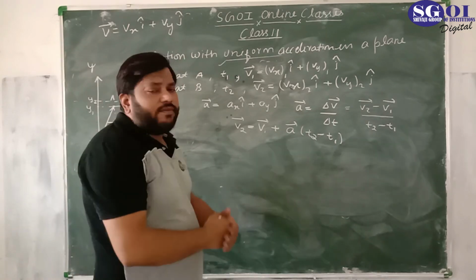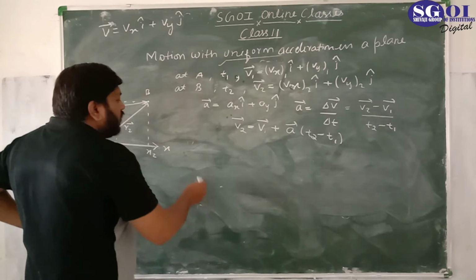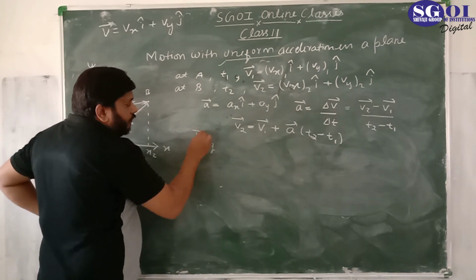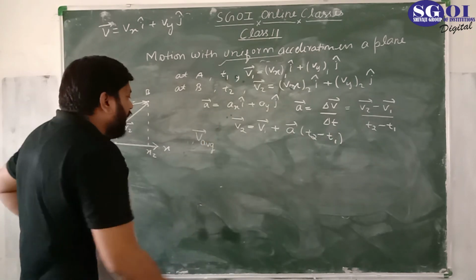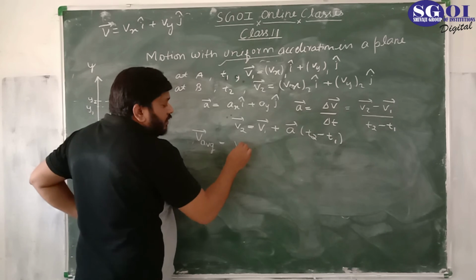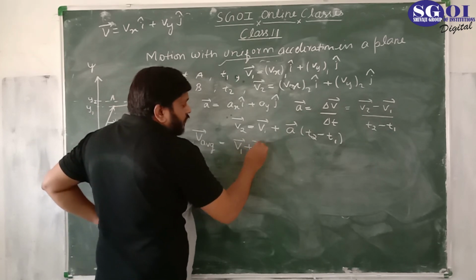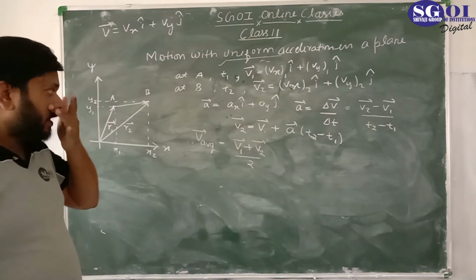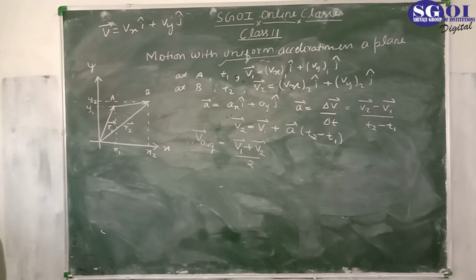Now we have already one relation for the average velocity. We know that for uniformly accelerated motion, the average velocity is v1 plus v2 divided by 2.